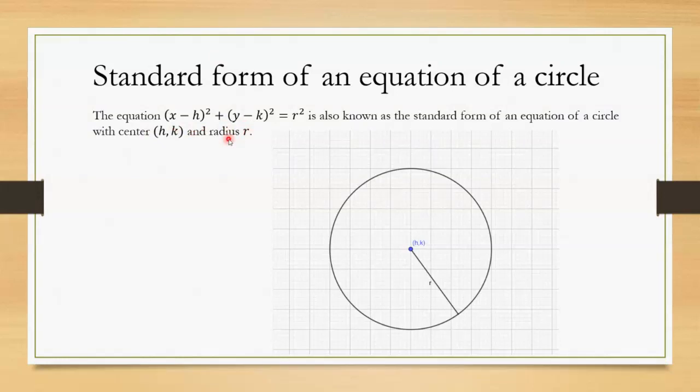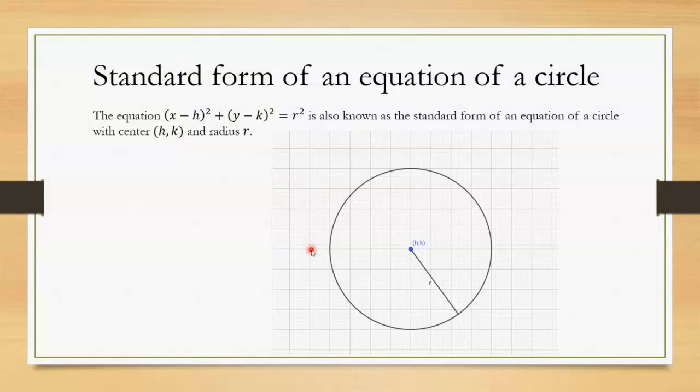(h, k) is the center of the circle, okay? The radius is r. Remember, a circle with center (h, k) and radius r is all points in the Cartesian plane that are r units from the center.